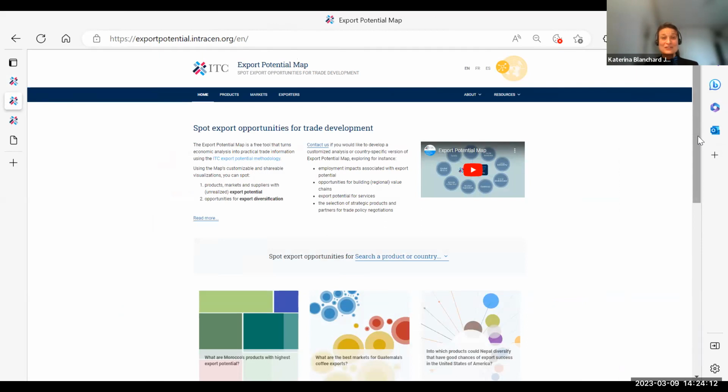Please let me make first just a very brief tour through the website. On the website, you have the brief description of the tool. As I said, if you wish to explore more, you click on the export potential methodology, and you can read a lot about the methodology and how we make our calculations.